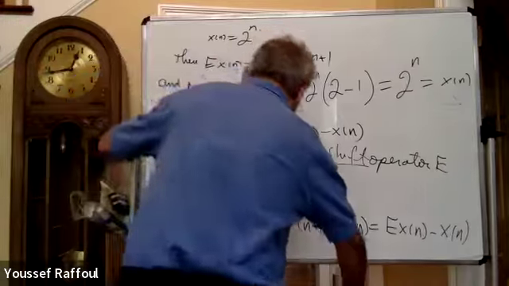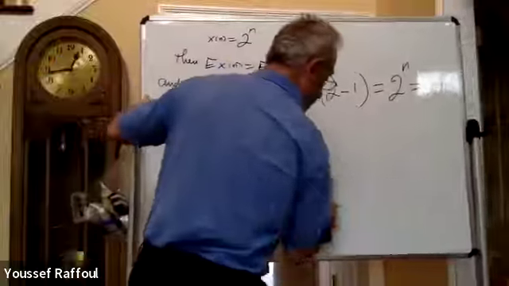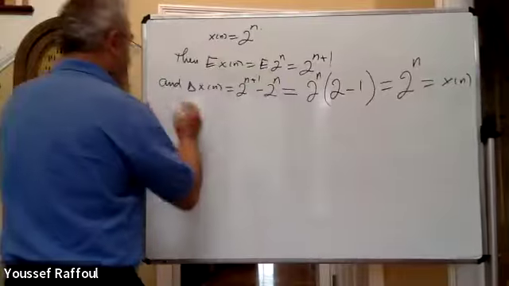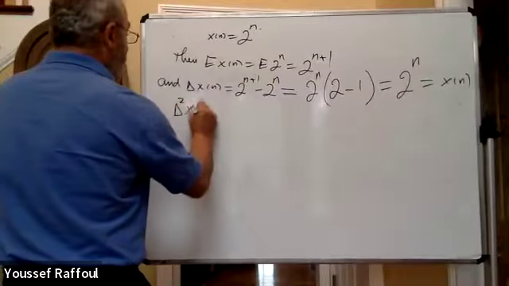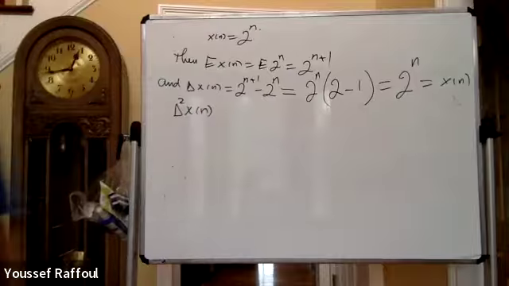For example, what is del squared of xn? It's like the second derivative.